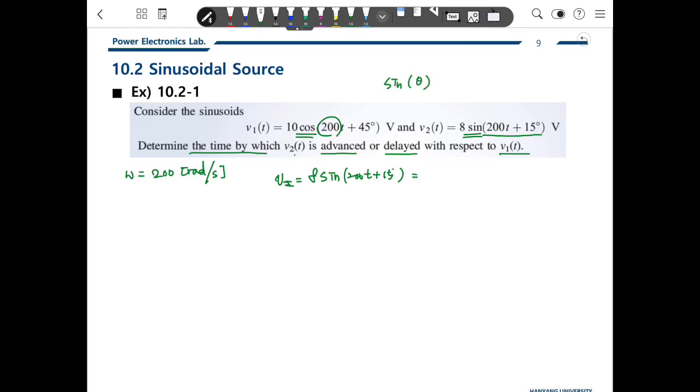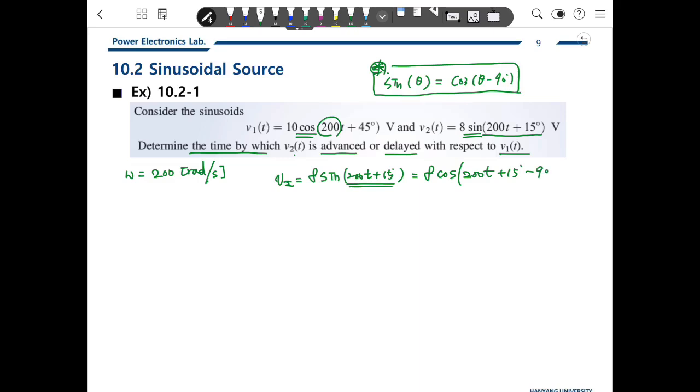Sine theta is the same as cosine (theta minus 90 degree), right? You can use this identity. So instead of sine, we use cosine: 8 cosine (200t plus 15 minus 90 degree).